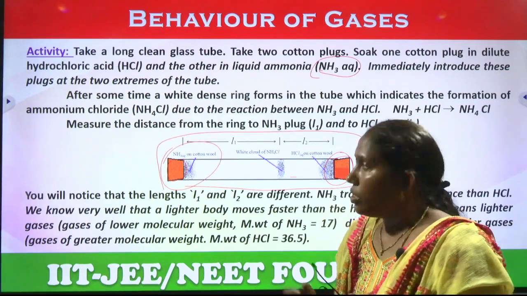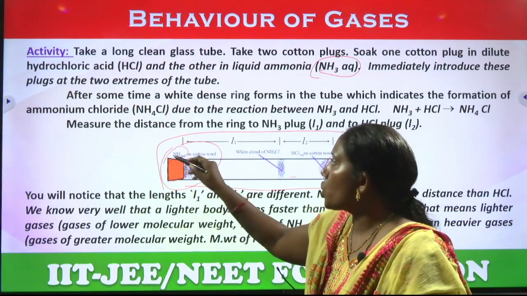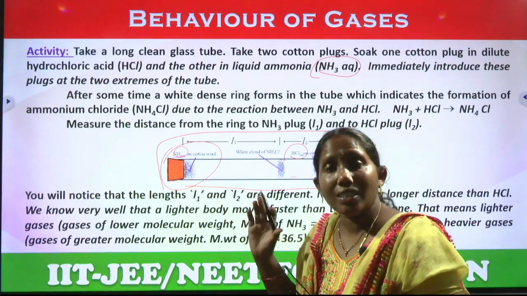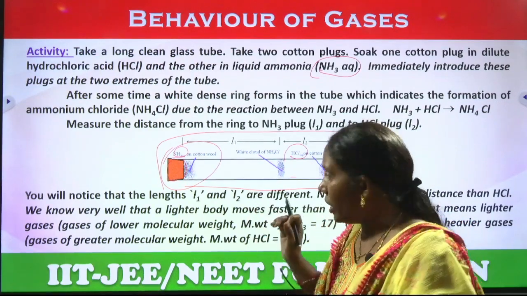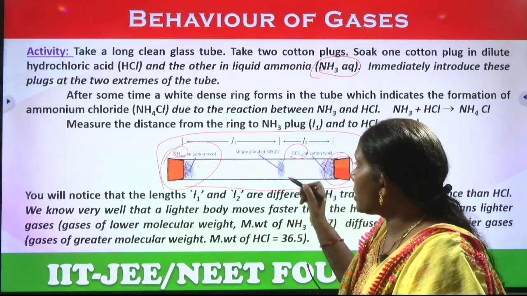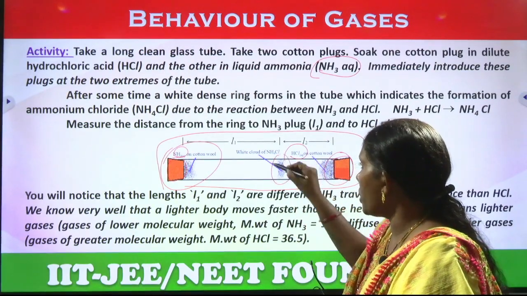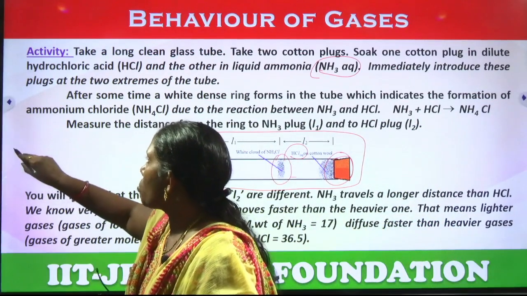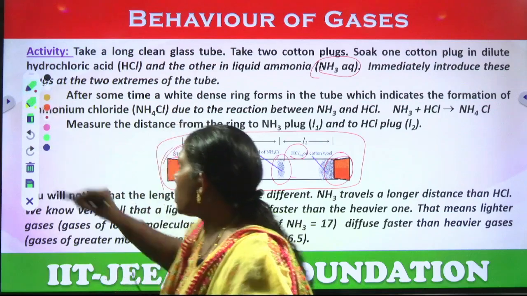What happened? This NH3 reacts with HCl and forms a white cloud of NH4Cl inside the tube, right? So where is that white cloud of NH4Cl formed? Where that white NH4Cl formed is what they observed in this experiment.